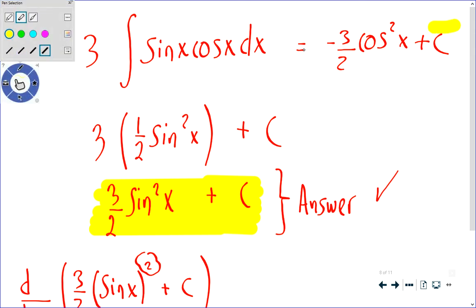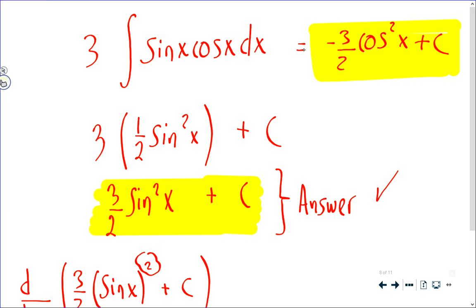Because if you differentiate this, you wrap that 2 around cosine, the coefficient is going to become -3. Then you drop 1 from the exponent, so you're going to still have cosine to the 1. And then you multiply by the derivative of cosine, which is negative sine. And that's going to end up giving you 3 sine x cos x when all is said and done.